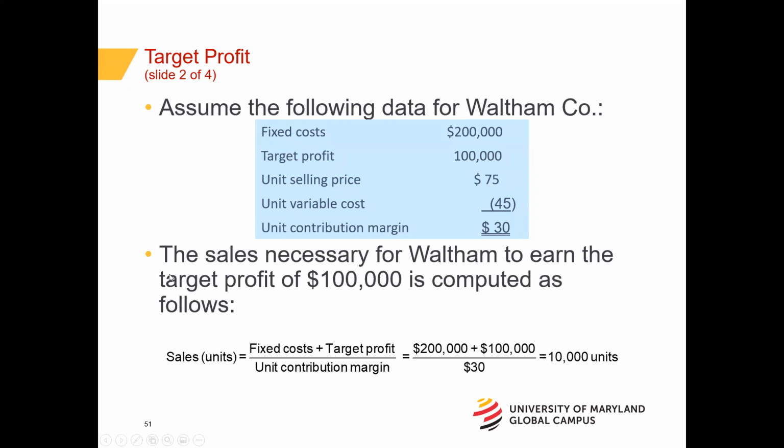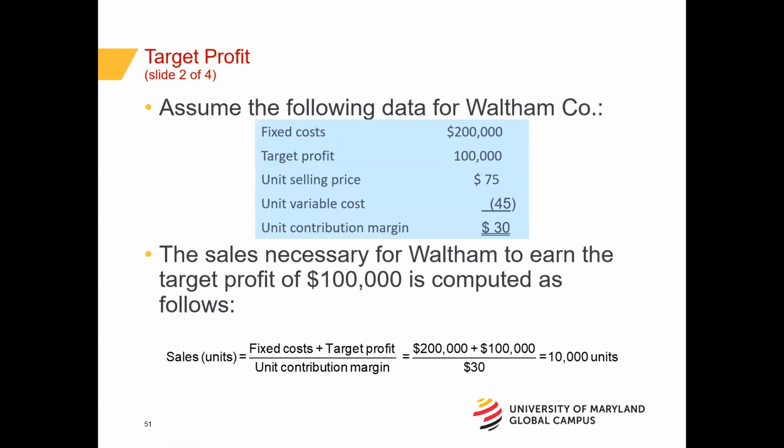Okay, so here's a lovely example. Our new company, we have fixed costs of 200,000. I want a profit of 100,000. It's a nice profit. I want to make 100,000 at the end of the year. Beautiful, sweet, wonderful. Sounds great. So fixed cost, 200,000.